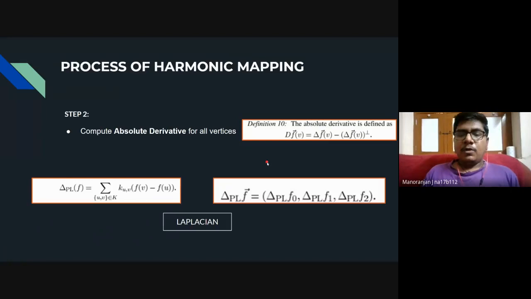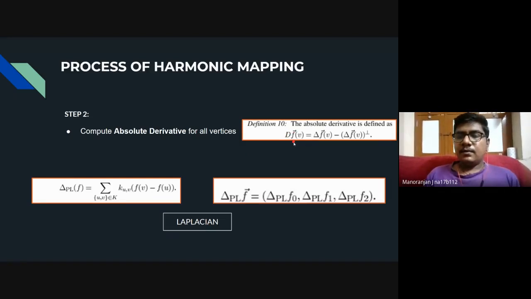So what this does is, when we are iterating through the algorithm, we will be updating our Tutte map based on this absolute derivative and the learning rate that you saw before. I mean, we'll give it as a step length. So we'll multiply that step length and the absolute derivative to update all the vertices. This is where the algorithm tries to smooth out the overlaps.